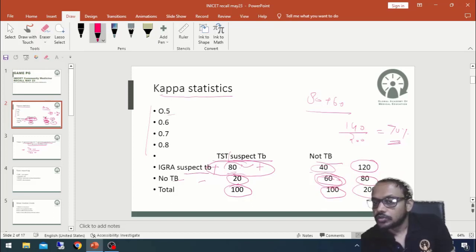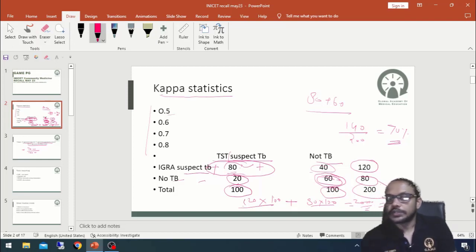So, 120 into 100, plus 80 into 100, divided by 100, in percentage it is near about 20%.